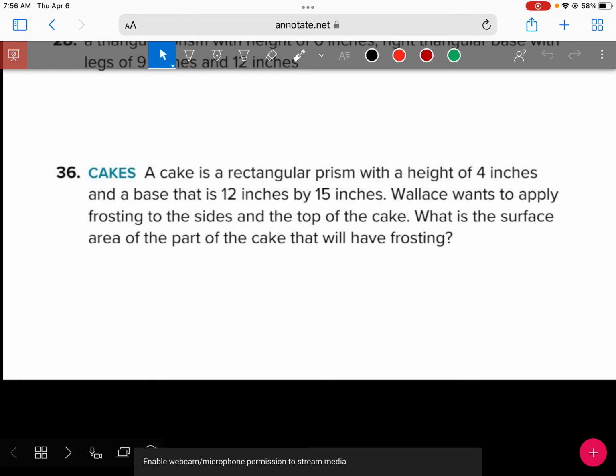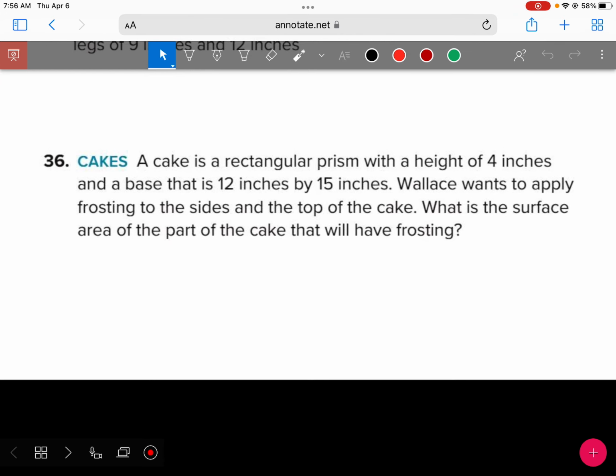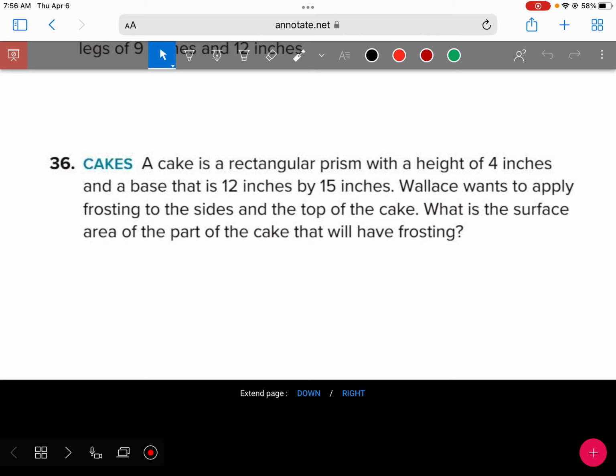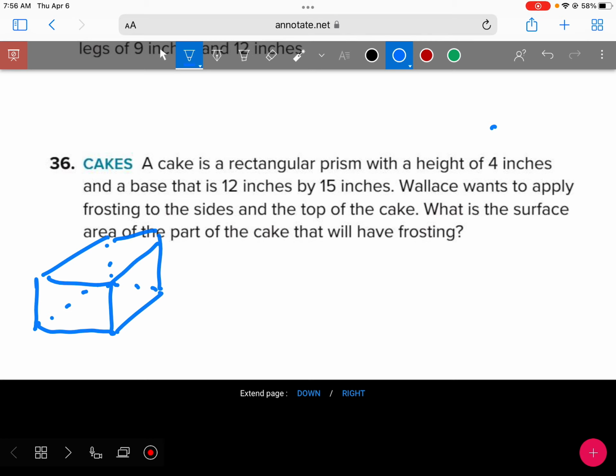So it's talking about a cake that is a rectangular prism. All right. And I often think it's helpful if you draw a picture. A rectangular prism, kind of like a cake, right? This is page 39, number 36 at the bottom. Everybody should be copying this down.